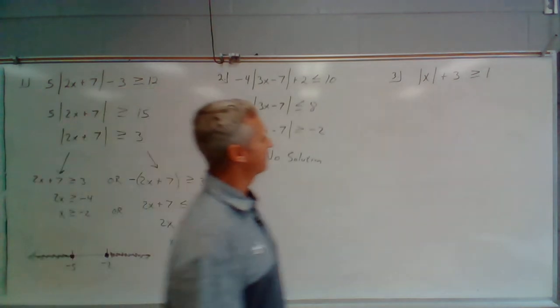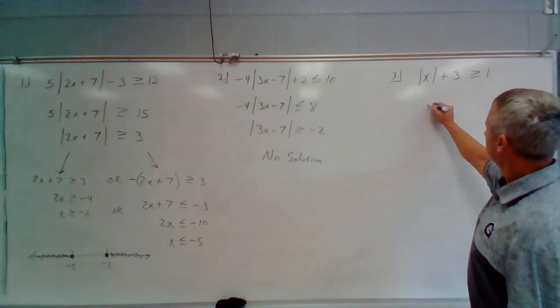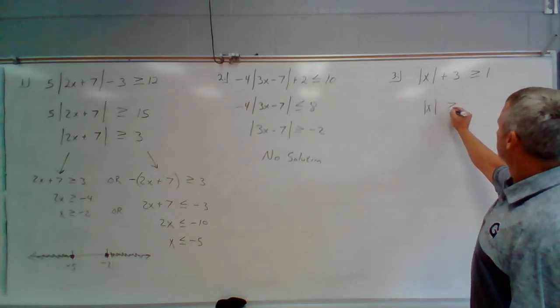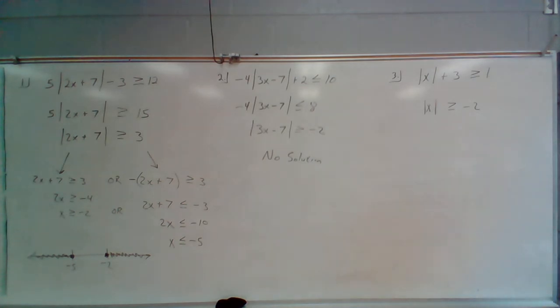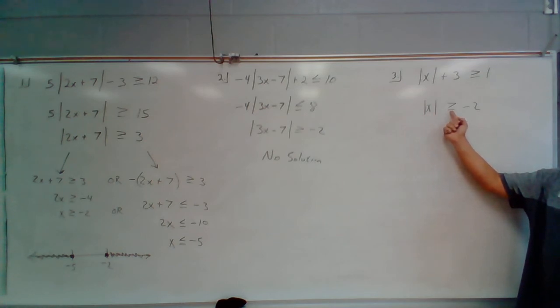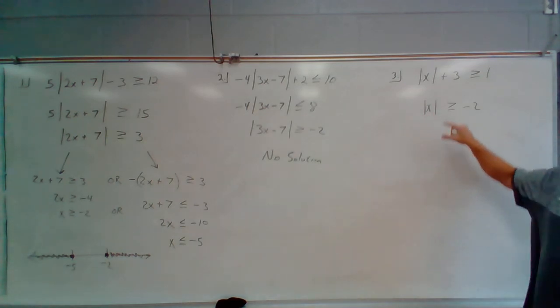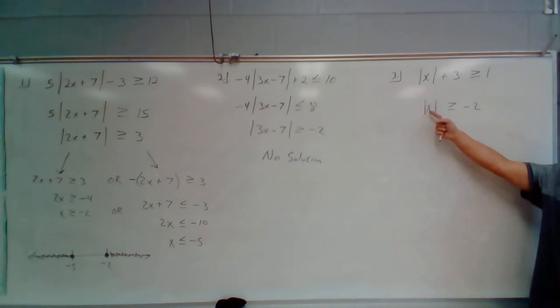All right, let's try the third one. So I'm going to subtract 3 from both sides. 1 minus 3 is -2. Okay, let's think about this one. The absolute value of anything greater than or equal to -2. So remember, the absolute value of anything will make that positive. So this side will always be positive.